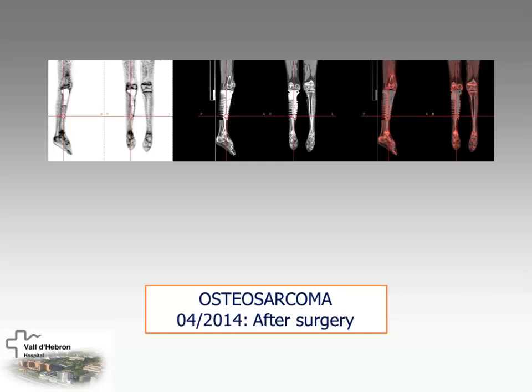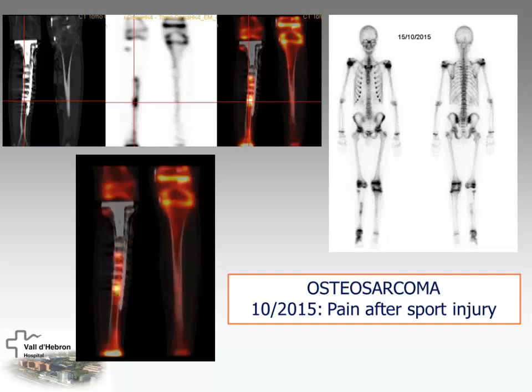This PET was performed about 6 months after the surgery, and the PET was requested by the oncologist or sometimes by the traumatologist. Okay. In this case, it was by the oncologist, and the activity around the prosthesis was completely normal. The PET can detect local residues around the prosthesis.